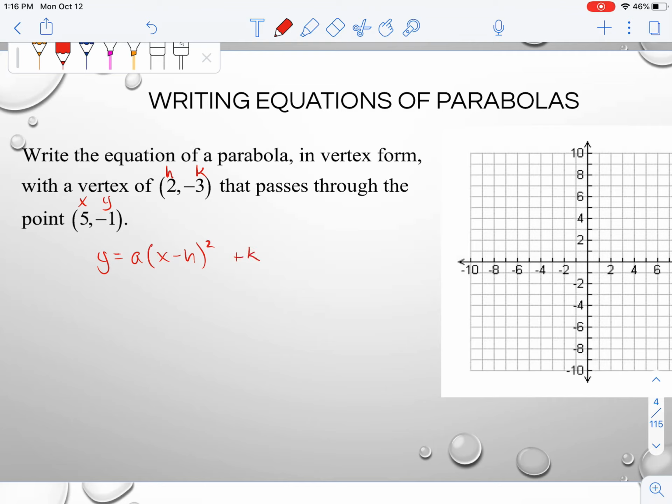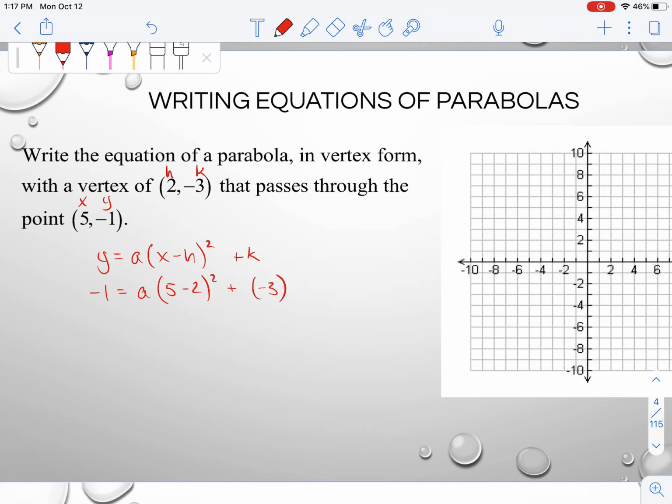When I substitute in for x, y, h, and k, I'm going to have negative 1 equals some value a that I don't know yet times x minus h, where x is 5, so 5 minus 2 quantity squared plus the negative 3 for k.